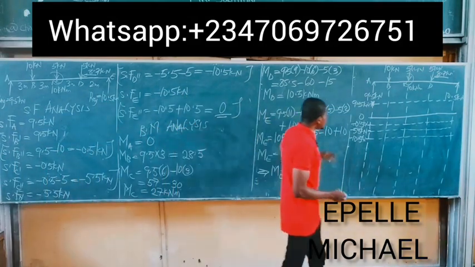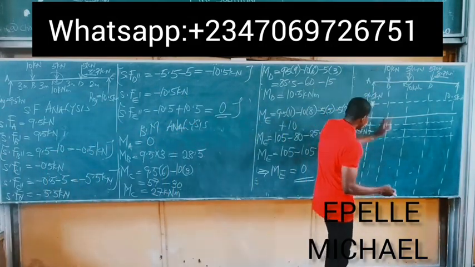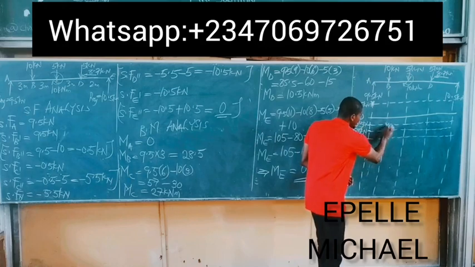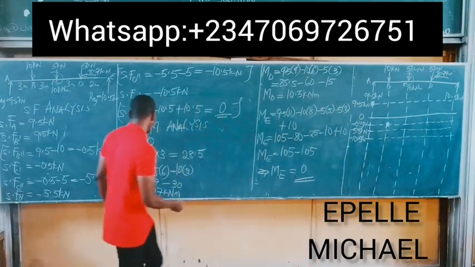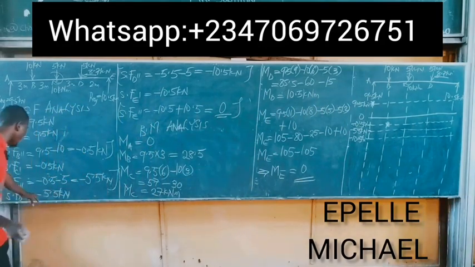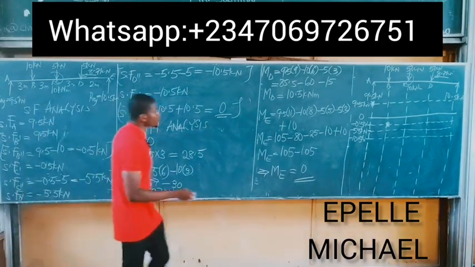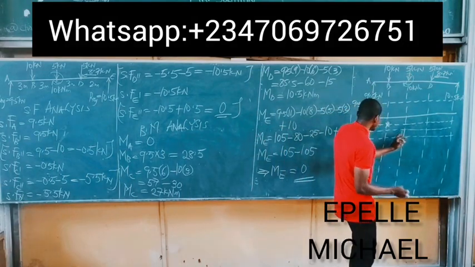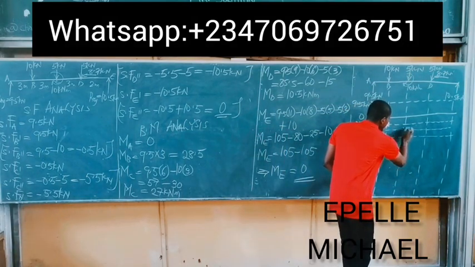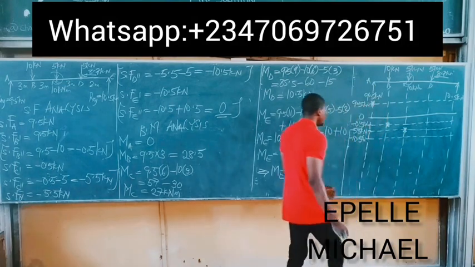This is line B, and this is minus 0.5, so you asterisk where they meet. Shear force at C is minus 5.5 kilonewtons. This is line C, this is minus 5.5, you asterisk where they meet.